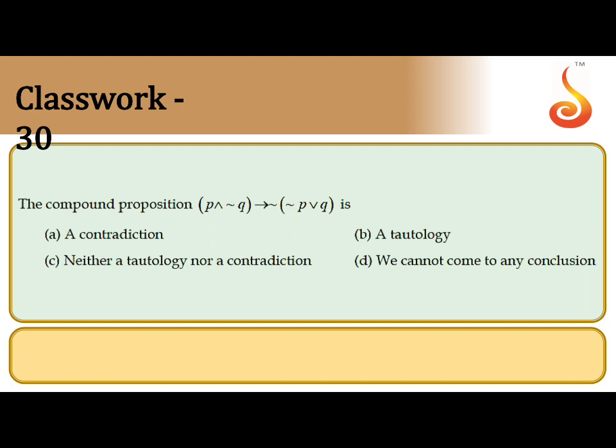30th. The composite version of P and negation of Q implies negation of P and Q. So for this one you have to take the table. You have to prepare a table for this question. There is no alternate method. This is the question they are asking.